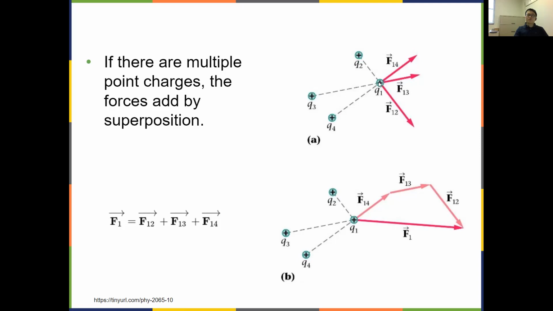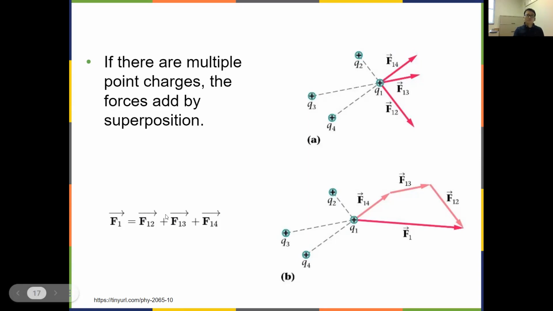So then the total force on Q1 should be the vector addition of the force by the second charge, by the third charge, by the fourth charge, okay? So you add them up in vector addition format.